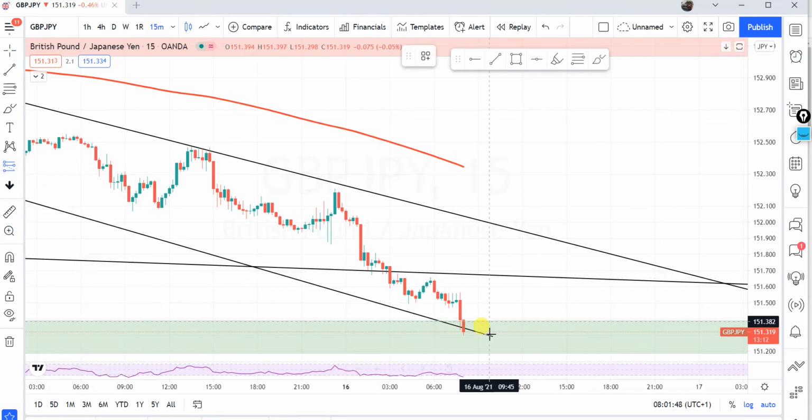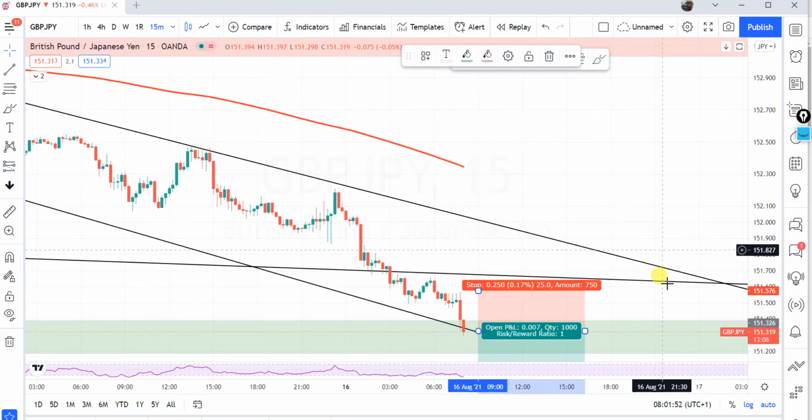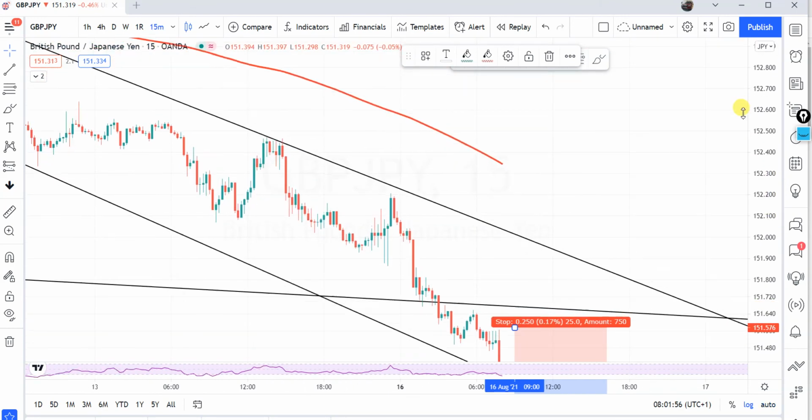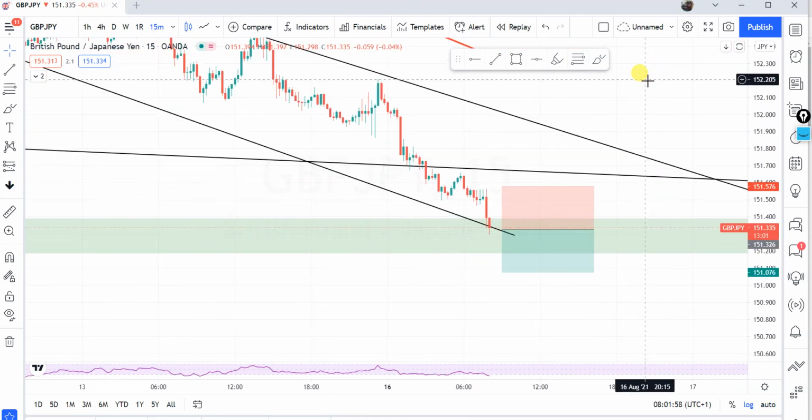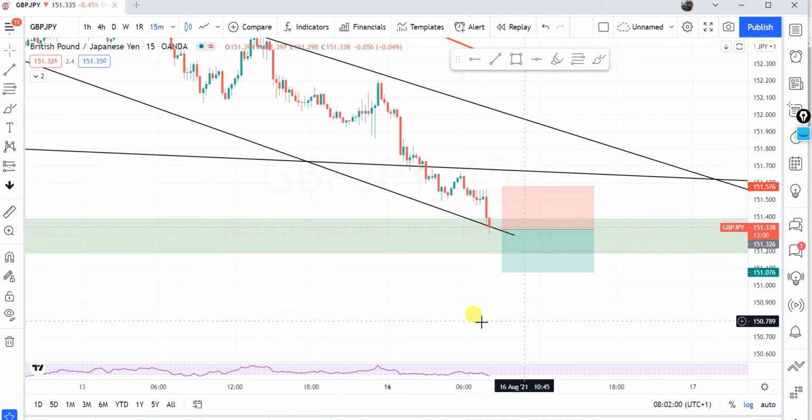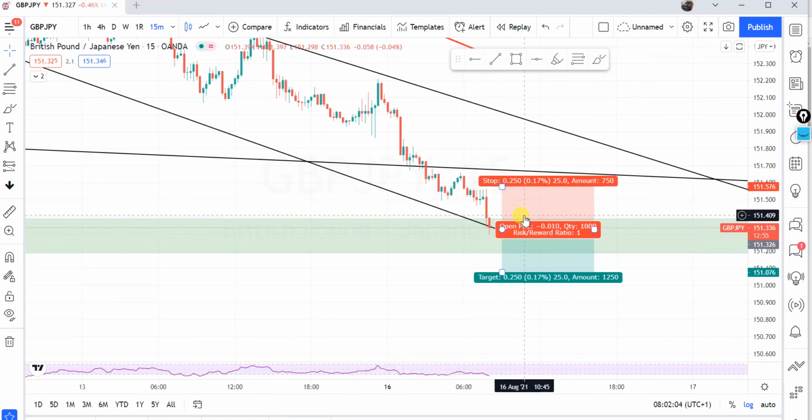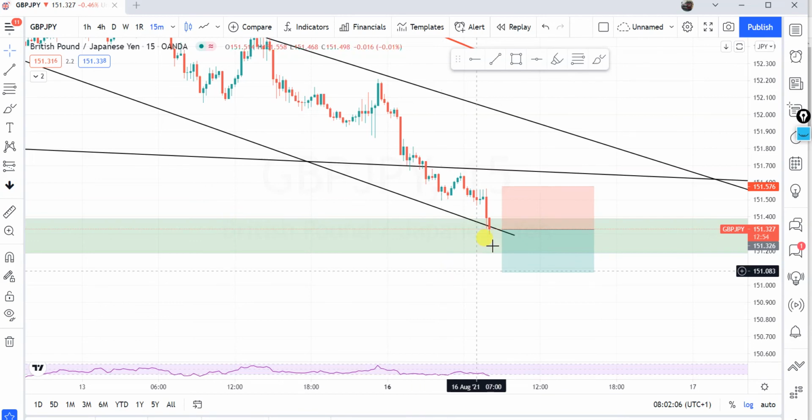So at this level now, this is what you want to do. I don't think it makes much sense in my own opinion, because you have this level to go, but your stop loss is going to be here.